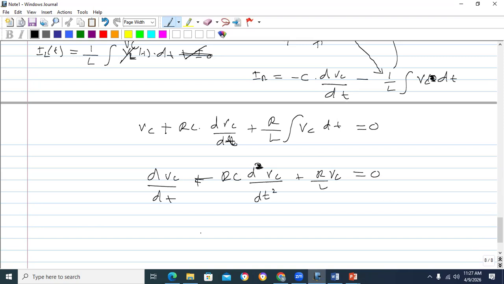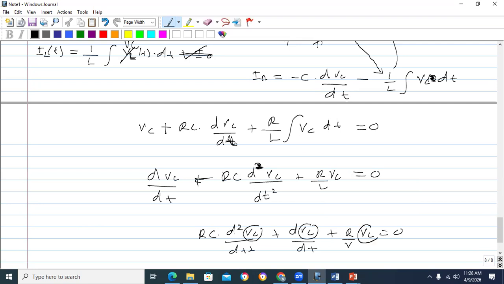So now you can write this as RC d square VC dt square plus dVC dt plus R over L VC equal 0.